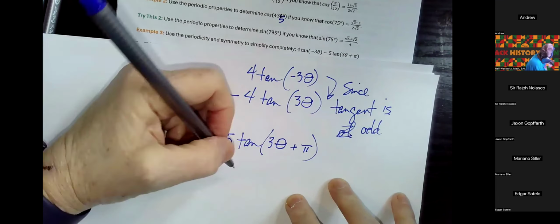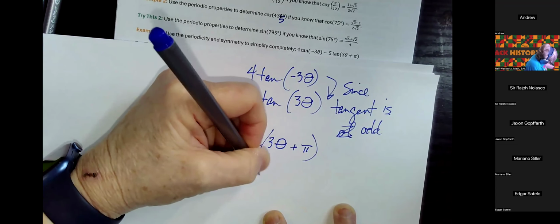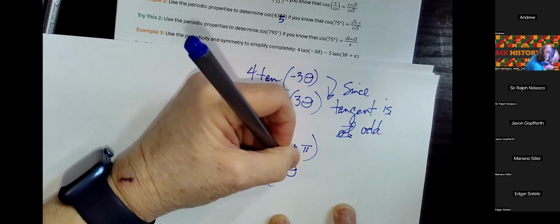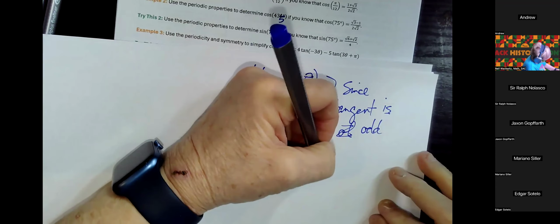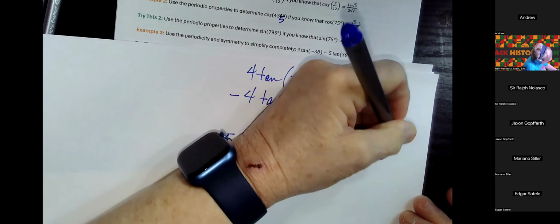Good, thank you. So this equals negative 5 tangent of 3 theta based on the periodicity of the tangent.